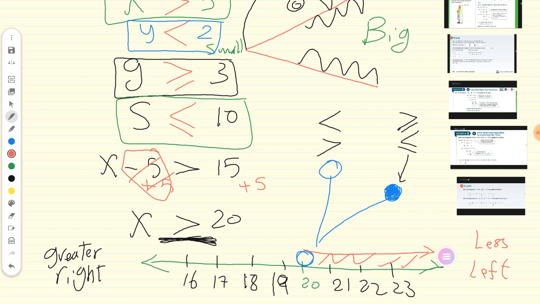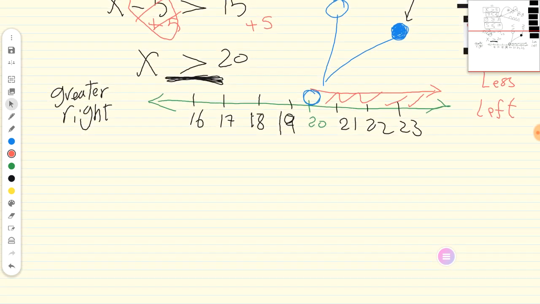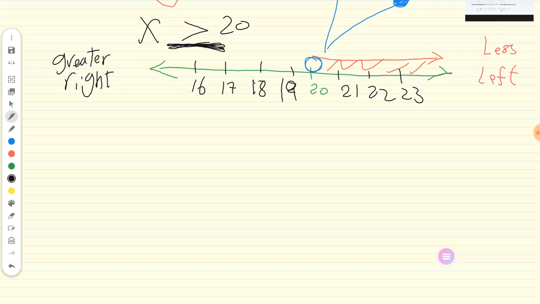By the way, I can also solve it if I have a multiplied number, like if I have 3x less than or equal to 15. So I need to divide both sides by 3, since 3 is multiplied.